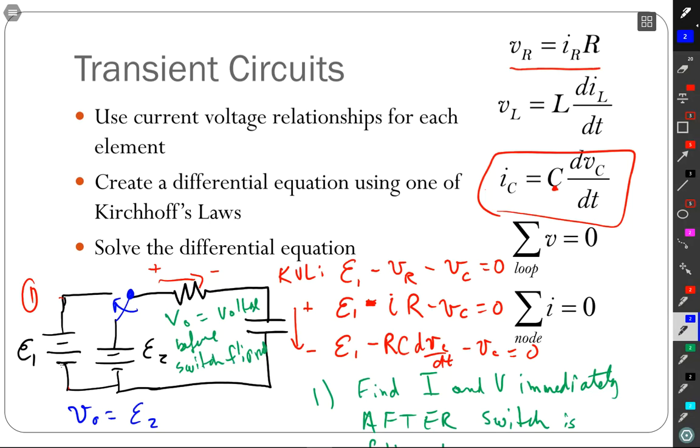I did my steps separately to account for each step. Now at that third line I have a differential equation with VC and t. So two variables, VC and t, and then we have to separate the variables again. I say that's the easy part, but I'm guessing it's not the easy part for you guys.